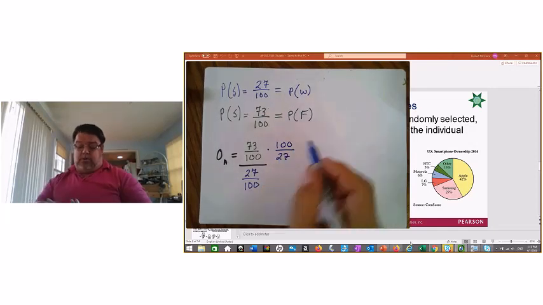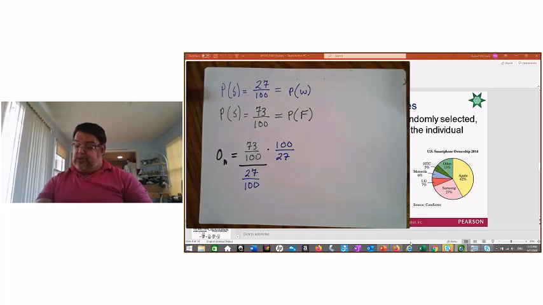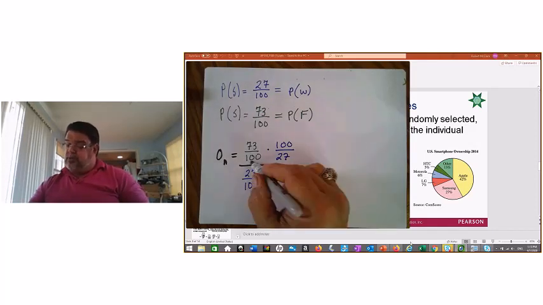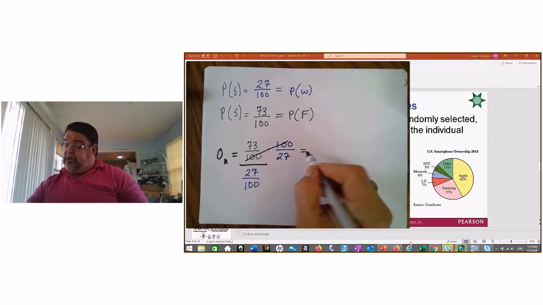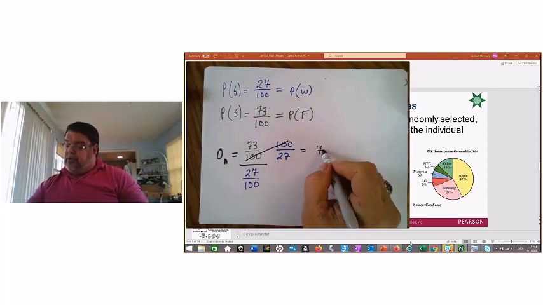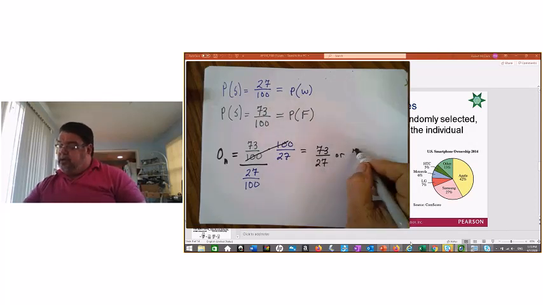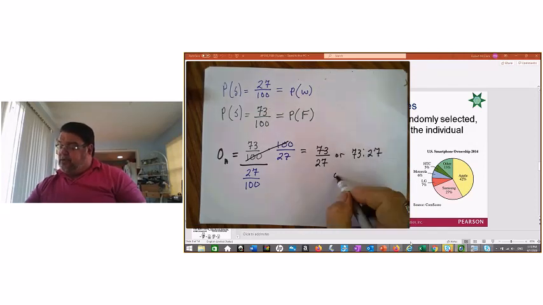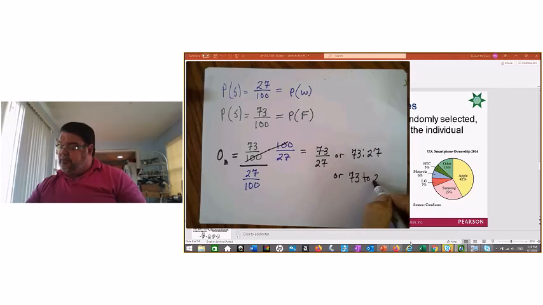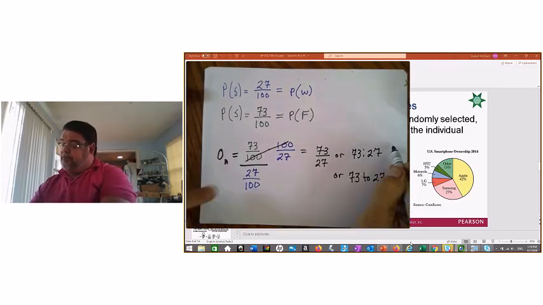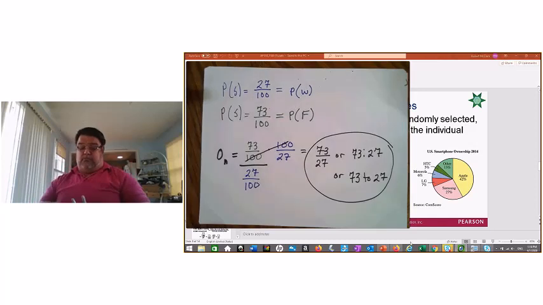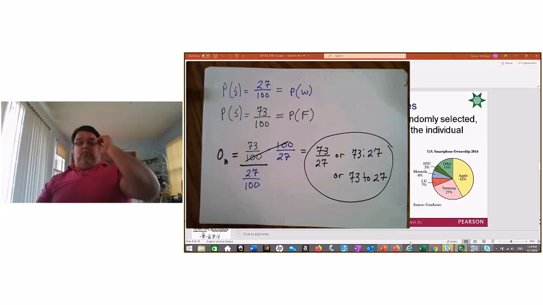And our answer is, because the 100s cancel like they're supposed to, 73 over 27, or 73 to 27. And that should be your answer. And that's a test question.